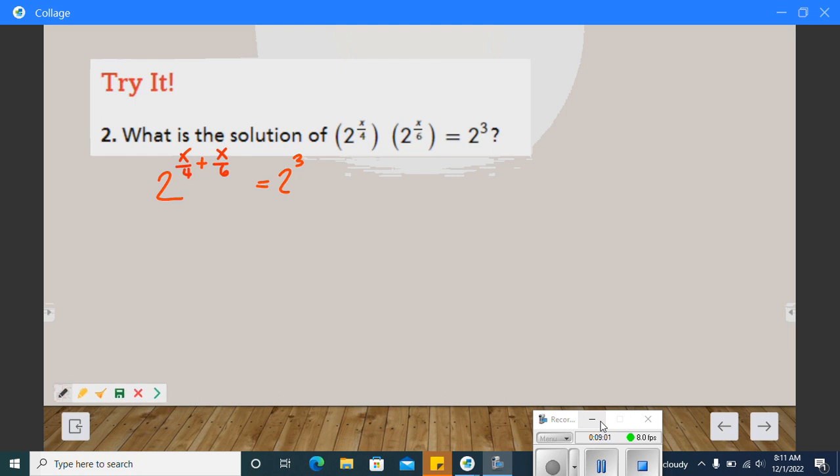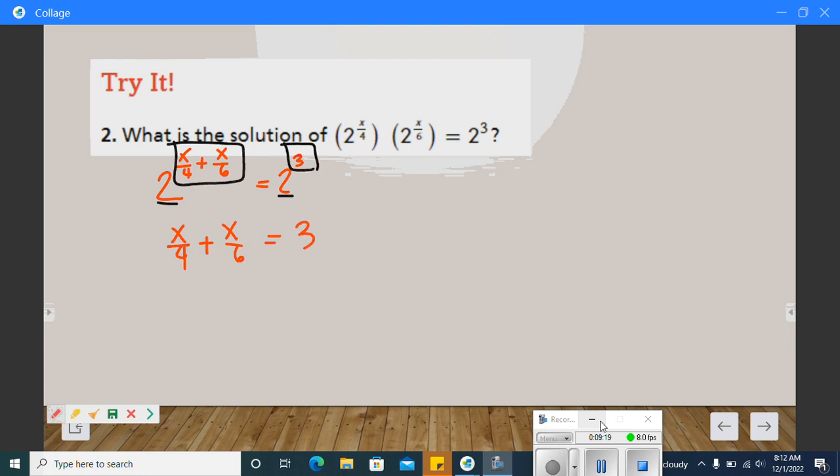Since they have all the same base already, we can focus on this one. All right. So we have here x over 4 plus x over 6 equals 3.